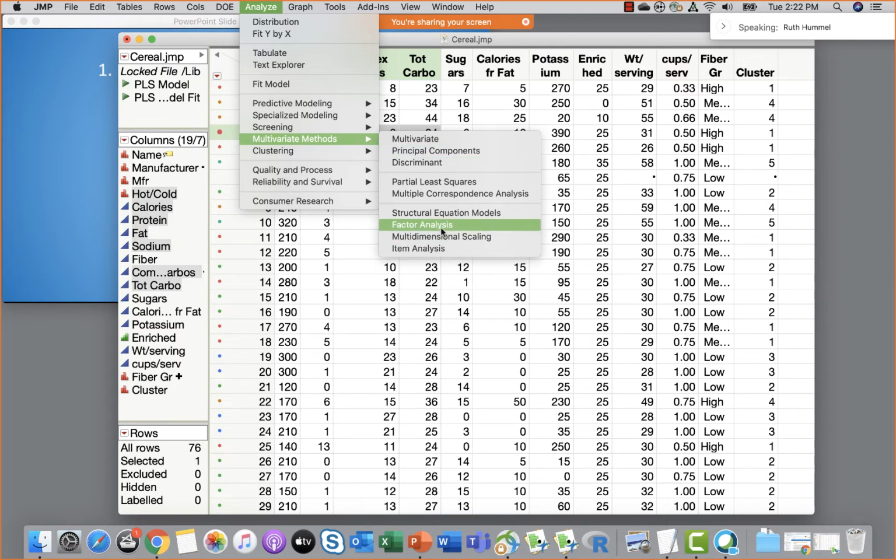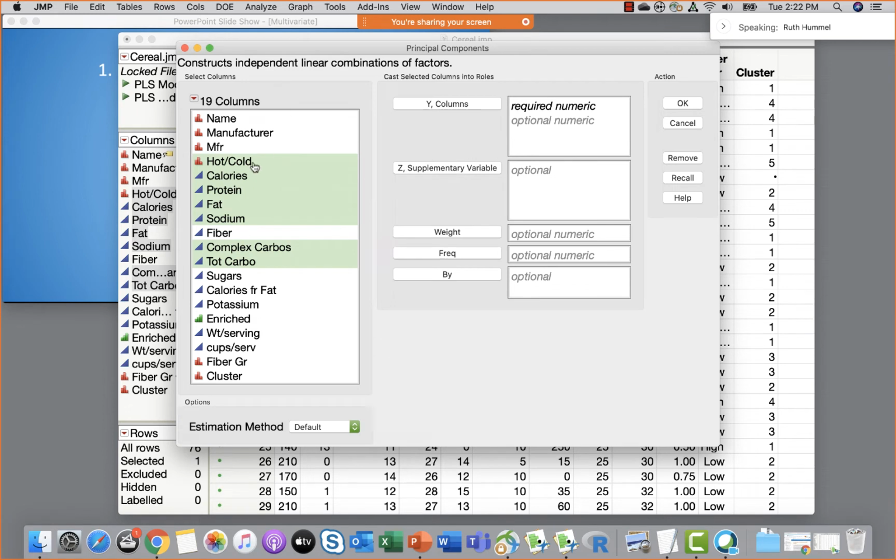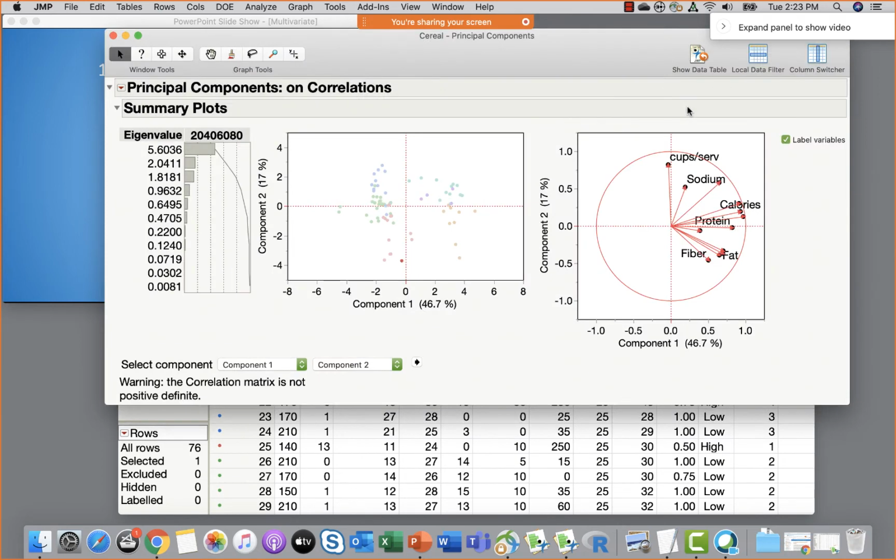Principal components and factor analysis are very similar, and factor analysis you can launch here by itself, or you can start with the principal components and then launch it through the results from principal components. So for principal components, we would take those continuous variables again, so everybody but this one, and say OK.